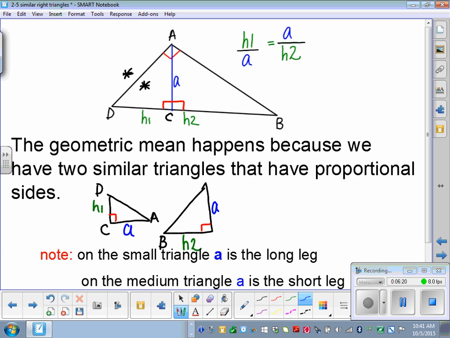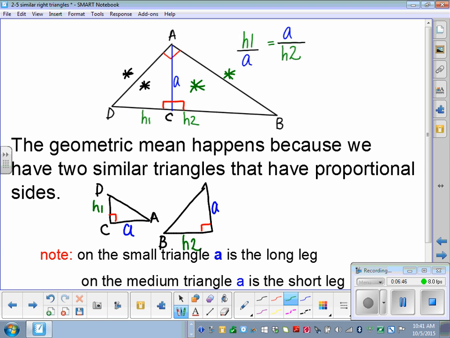Now look with me on our medium triangle. The A on the medium-sized triangle is going to be your short leg. And right here's my hypotenuse on the medium triangle. Does everybody see that? So if I took those triangles and split them apart, they'd look like this. Our A is our long side on our small triangle, right? So H1 must be the short side.